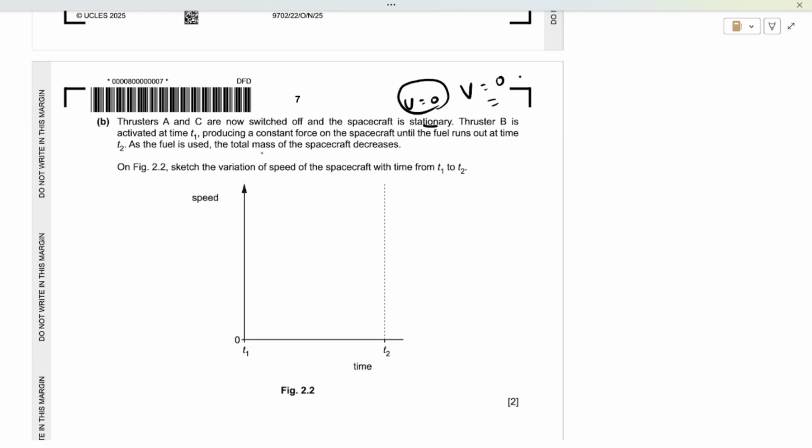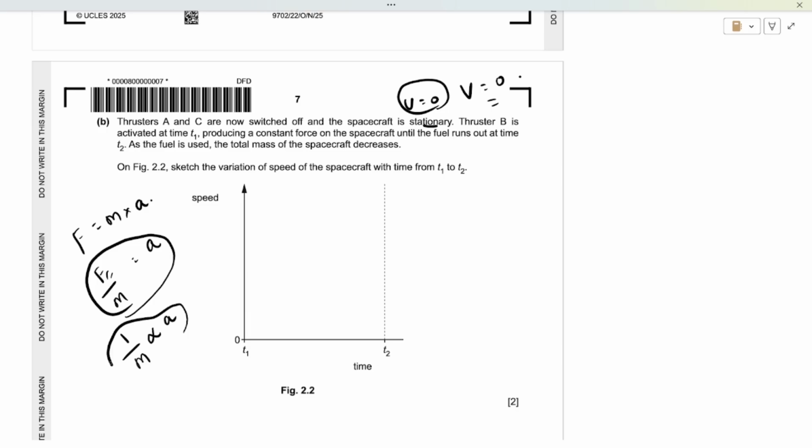Okay, kindly recall the formula: force is equal to mass times the acceleration. If we bring the mass to the other side, we get F by M, and they told us the force is constant. So I can also write that 1 by M is directly proportional to a, or the acceleration is inversely proportional to the mass.